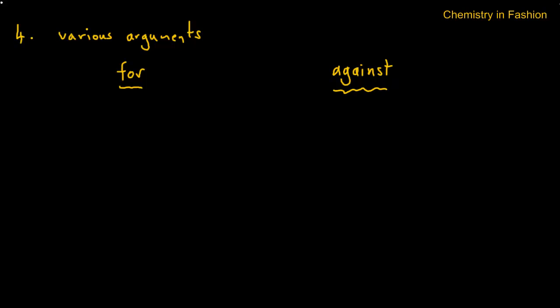On to the last question, question 4. And this asks you for arguments for and against the use of PVOH. There are various arguments. Let's have a look. Let's say for PVOH and against PVOH.